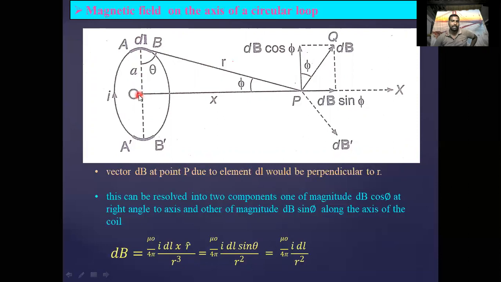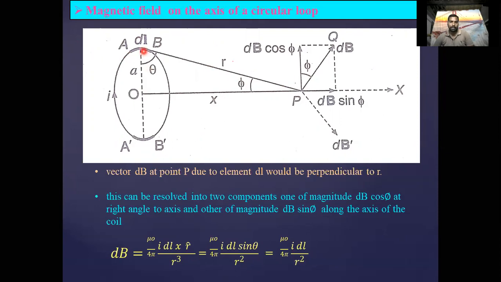We have to consider center O. From the center to point P, the distance is x. The magnetic field dB at a point P is due to the element dl. dl is perpendicular to r, the distance r. R is the perpendicular distance from P to dl.